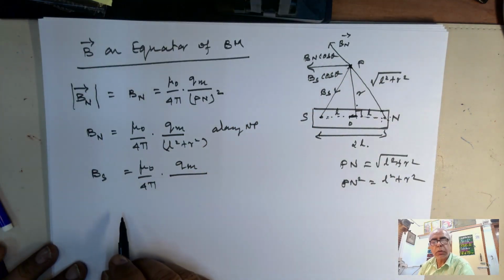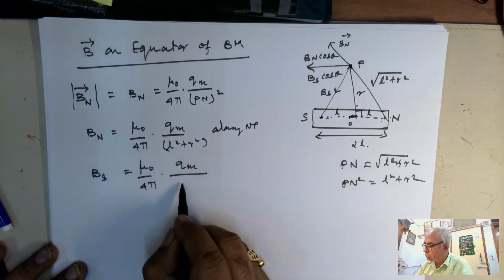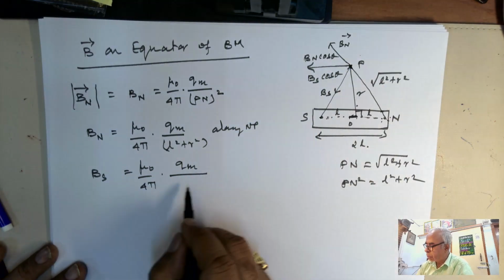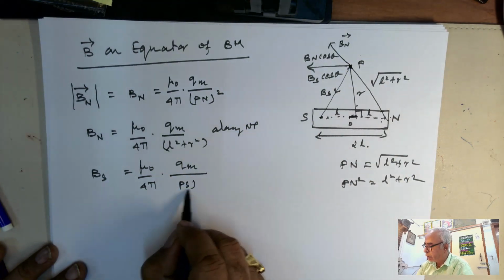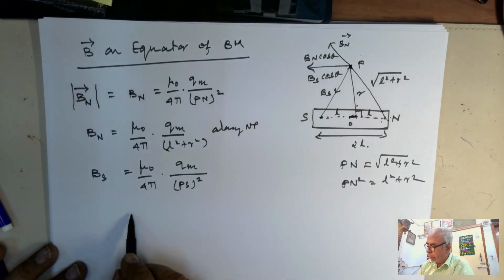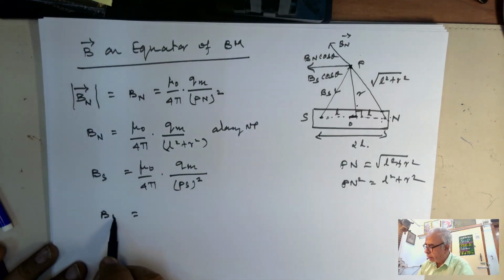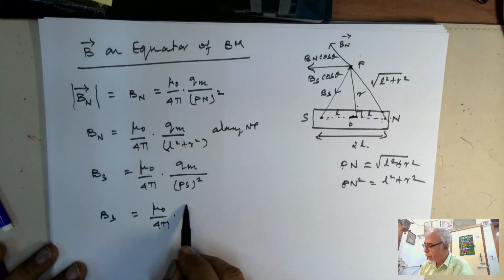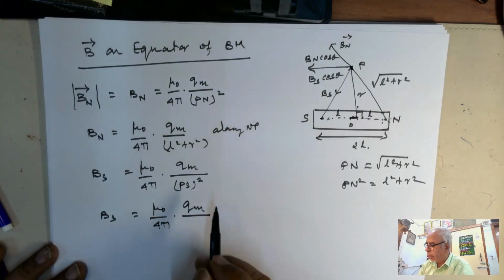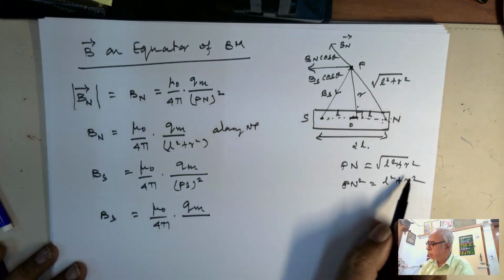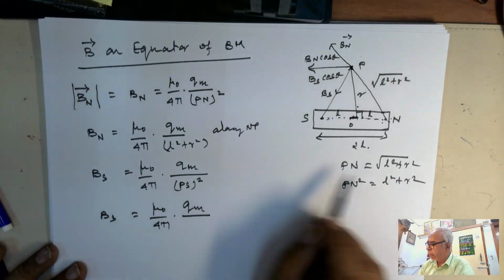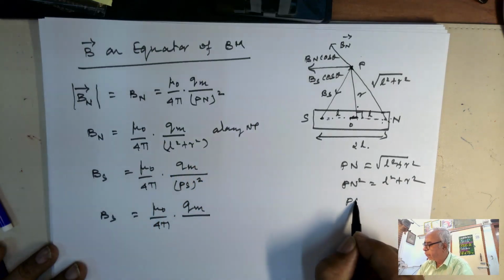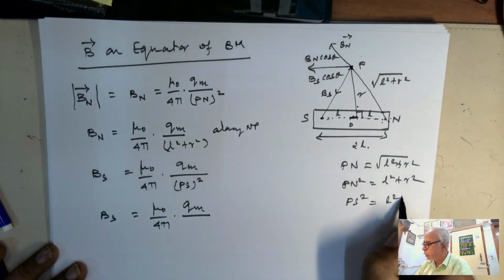So this is PS squared, right? So it means Bs is equal to mu naught divided by 4 pi into Qm divided by, and Ps squared is equal to L squared plus R squared.